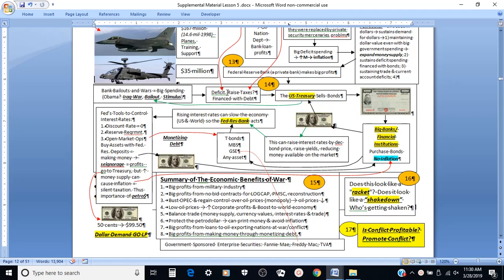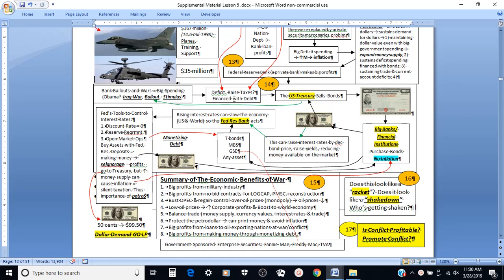So you have deficit spending. Now, how do you respond to that? Do you raise taxes? No, you don't raise taxes. That's not politically feasible, right? You want to get reelected. It's not good for the economy too. So you finance it with debt, right? You finance it with borrowing.